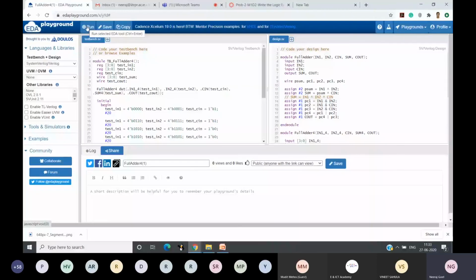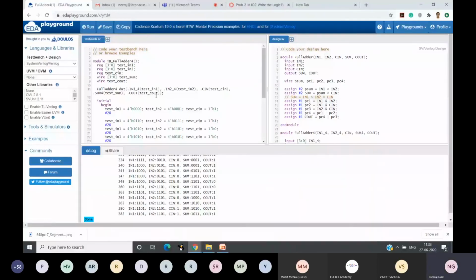Okay, so here we go. We have not enabled that, so we'll enable that also.